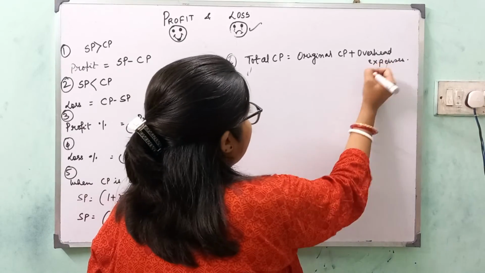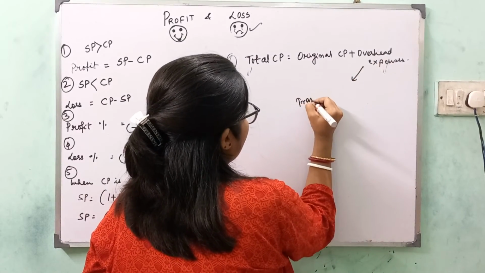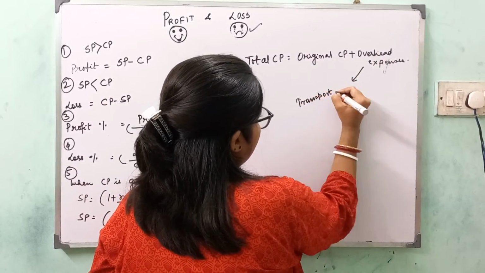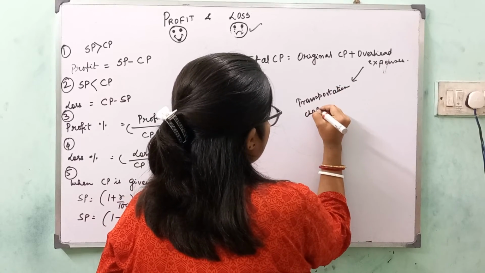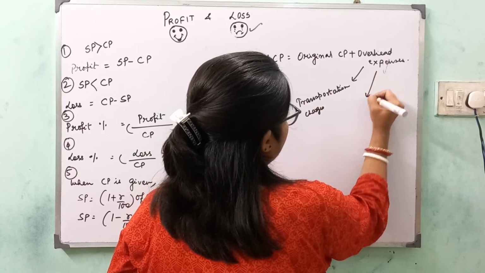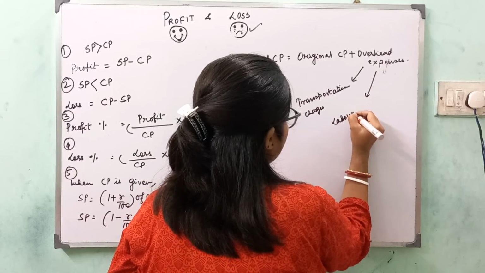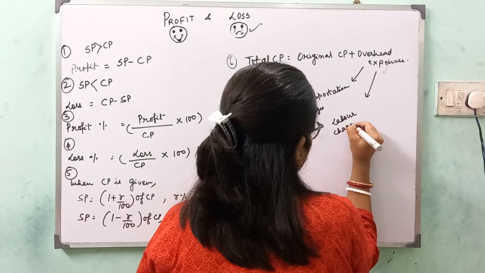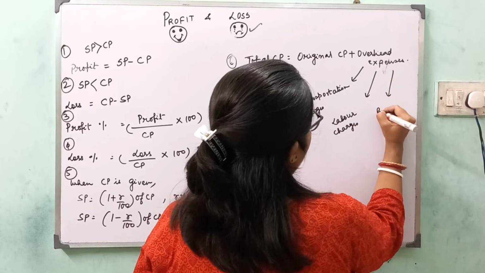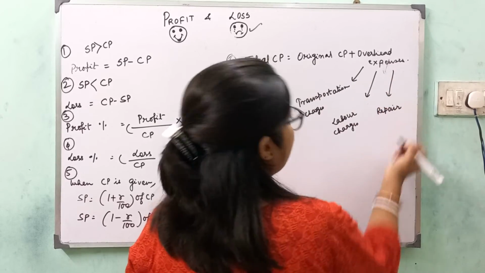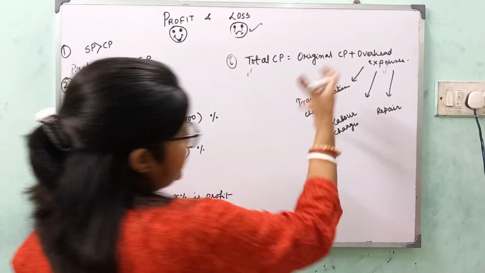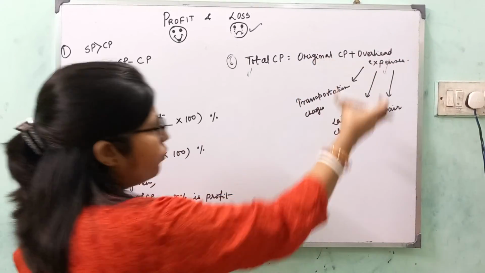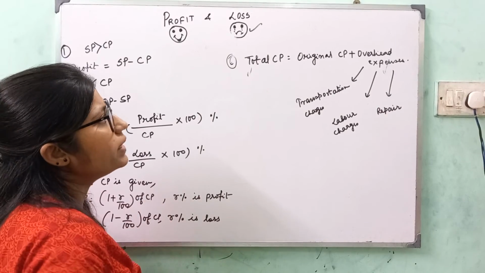Overhead expenses can be transportation charges, labor charges, repair, etc. So whenever you have overheads, you have to calculate the total cost price.